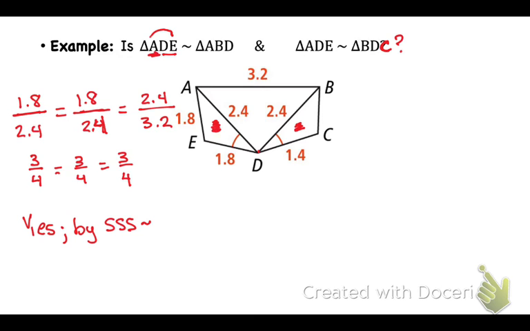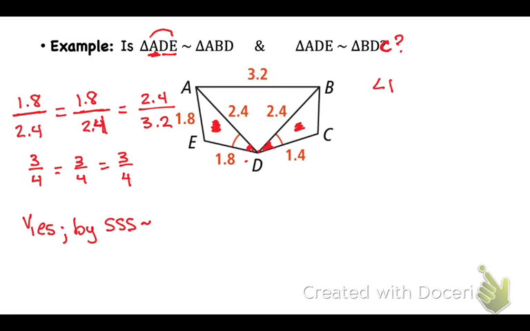Okay, so this one, what are we going to use? Can't use side, side, side because we don't have what? Side and the side. Yep. What don't we have to use side, side, side? On the third side. Yeah, we don't have the third side. So we're going to have to use side, angle, side, aren't we? Okay. So if I have this angle equaling this angle, right here, so that works.